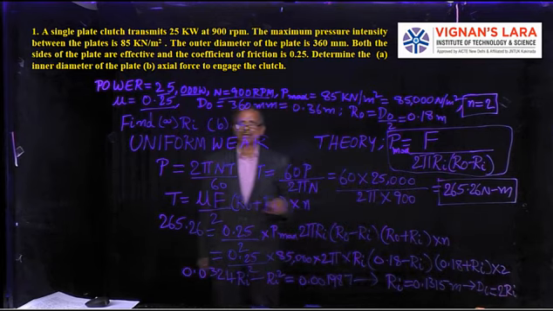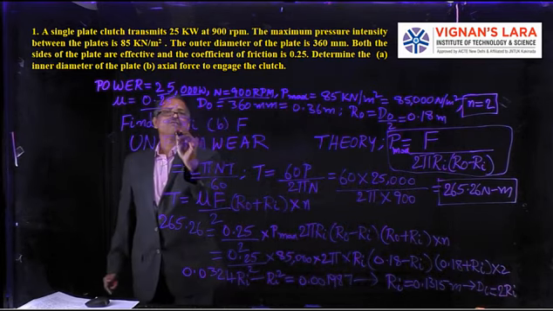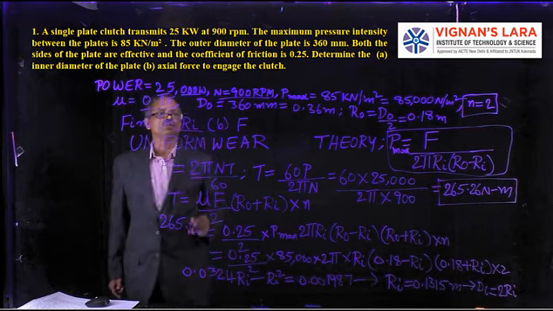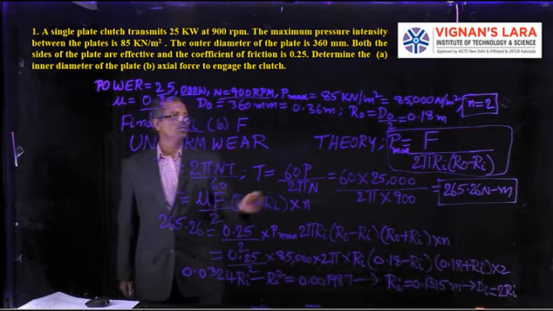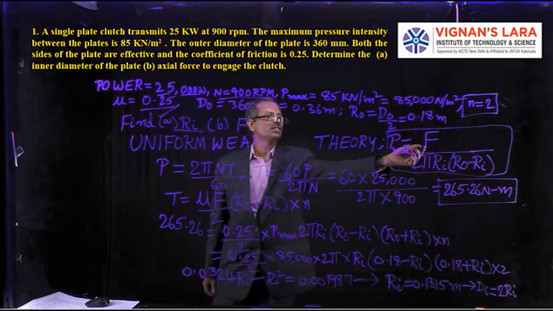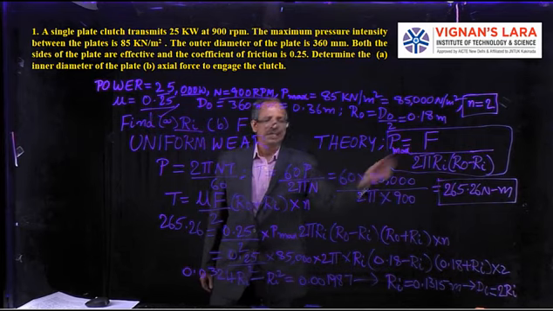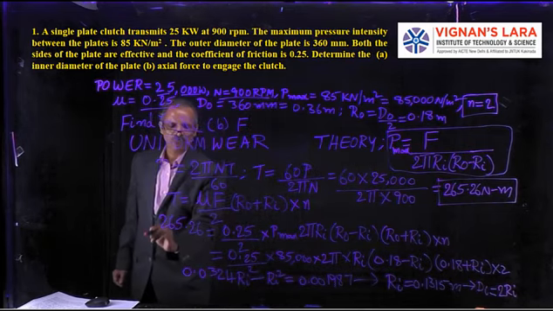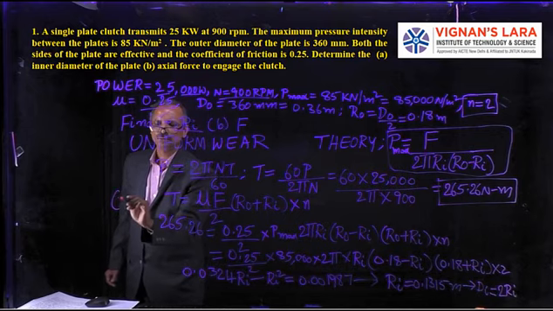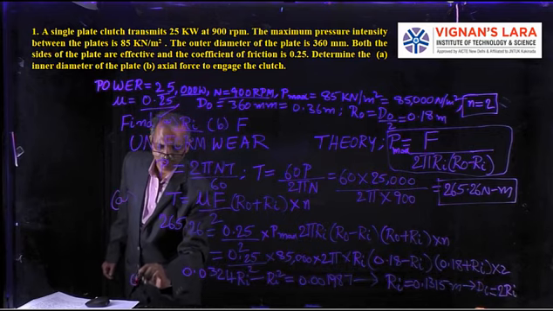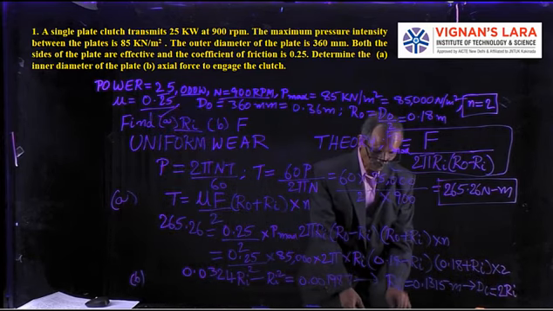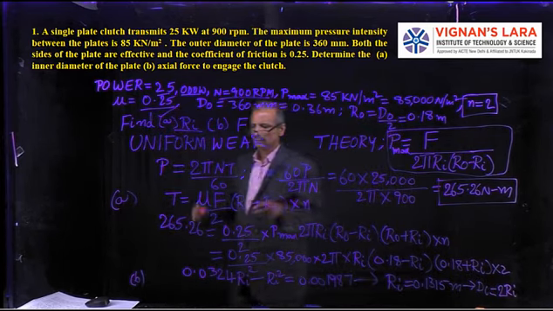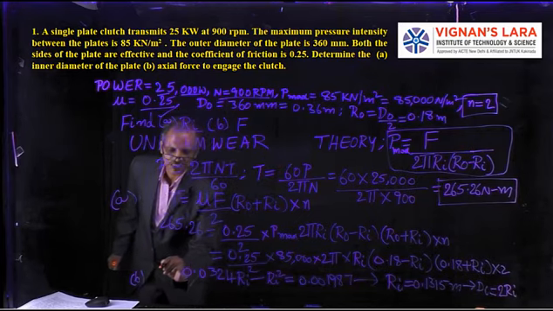Okay, so that is the first one. Bit A is over. Then what is bit B? Force. Anyhow, we have an equation with us, the force equation F. So this is bit A. Then bit B: what is the axial force?